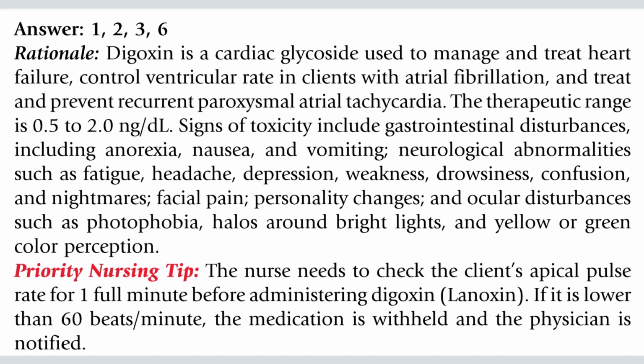Signs of toxicity include gastrointestinal disturbances, including anorexia, nausea, and vomiting, neurological abnormalities such as fatigue, headache, depression, weakness, drowsiness, confusion, and nightmares, facial pain, personality changes, and ocular disturbances such as photophobia, halos around bright lights, and yellow or green color perception.